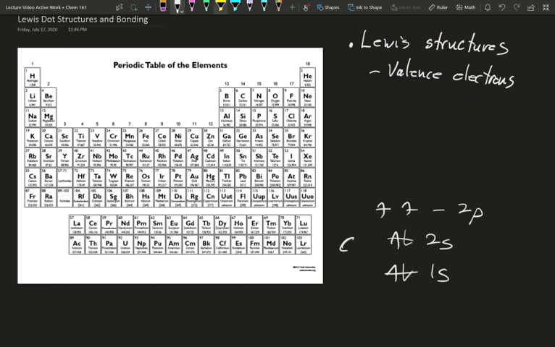Carbon's element number 6, it's going to have 6 total electrons. Well, it's only the outside edge electrons that really can interact with other atoms. When you bring two objects together, the outer edge is what meets first, and those are the ones that start repelling or interacting. It is the valence electrons, the outside edge electrons, that we care about.